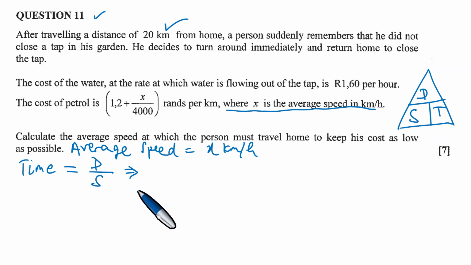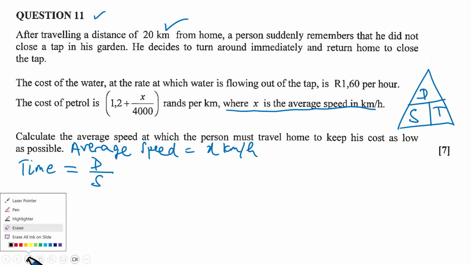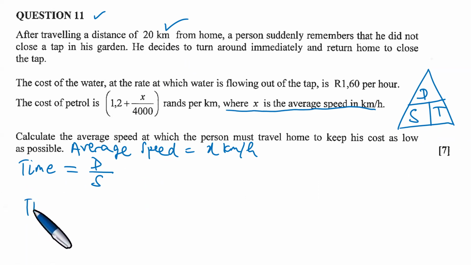What is the time? Time is distance, which is 20 kilometers, over the speed. The average speed is x. So the time this person is going to take is 20 over x.